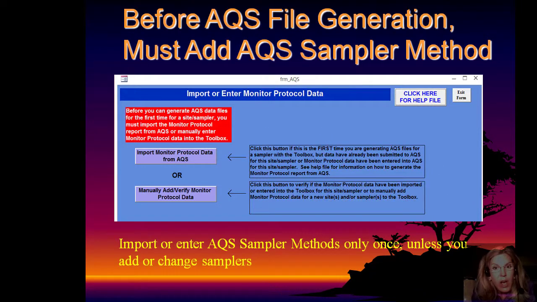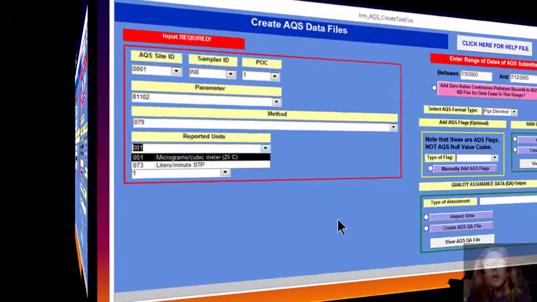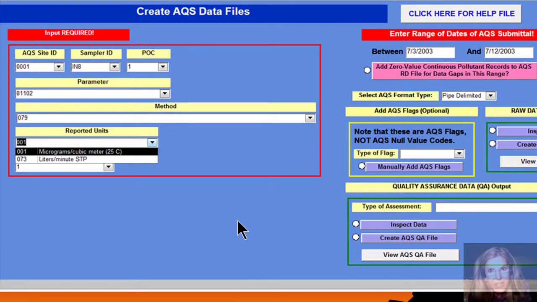The steps of entering monitor protocol data are, first, you only have to do it once, unless you change methods or you change samplers, and this can be accessed from the main switchboard or from whichever fast track you're in, AQS data file creation. One of the best things about the toolbox is it gives you these codes in drop-down lists.